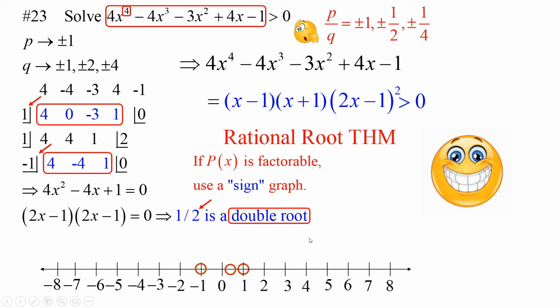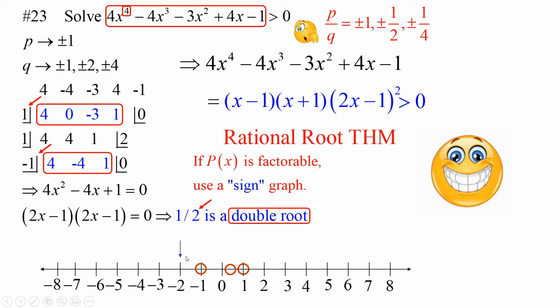Now, let's choose a test point. I'll just go over here on the left. All right, so I'm going to use negative 2 as a test point. And I'm going to plug negative 2 into the factored form of my polynomial. So negative 2 minus 1 is negative. Negative 2 plus 1 is negative, and any quantity squared is positive.